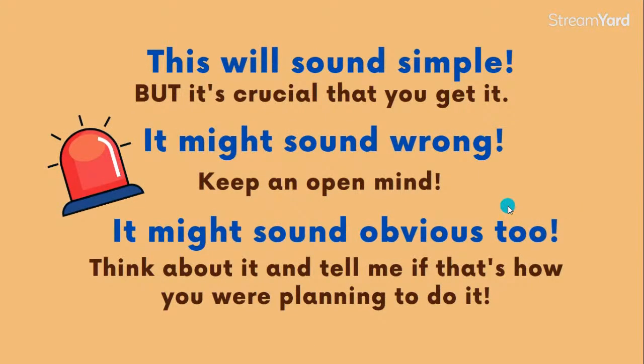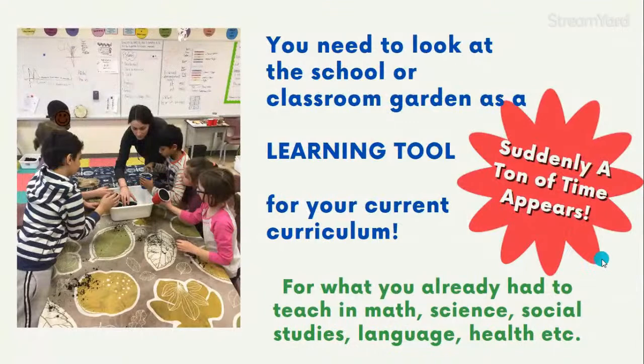Okay, so let's get to it then. You need to look at the school or classroom garden as a learning tool for your current curriculum, for what you already had to teach in math, in science, in social studies, in language, in health and physical education, etc. Wherever you're from, whatever you call these topics, whatever you were supposed to teach to your students, the classroom garden or the school garden is a learning tool to do just that, to do just what you were supposed to be doing.